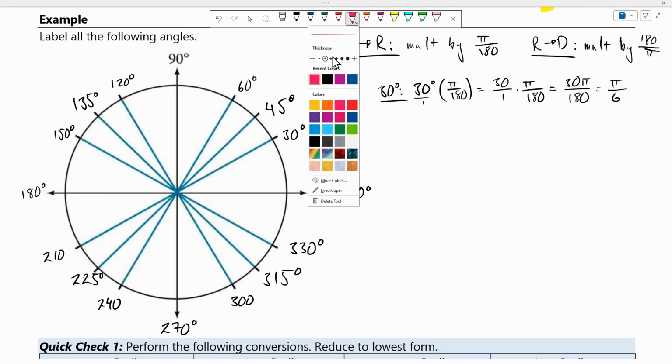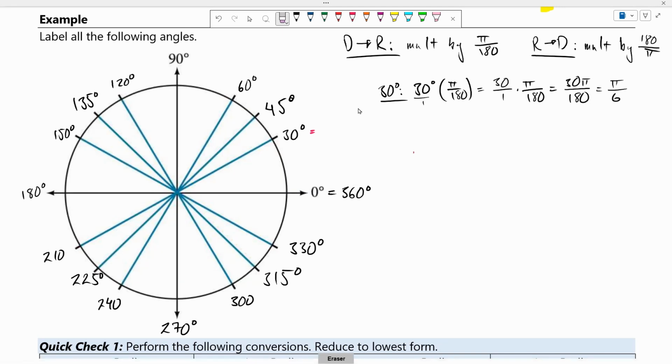Let me make this thinner now. So 30 degrees is equivalent to pi over 6 radians.